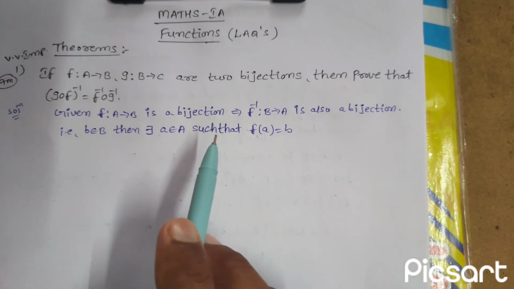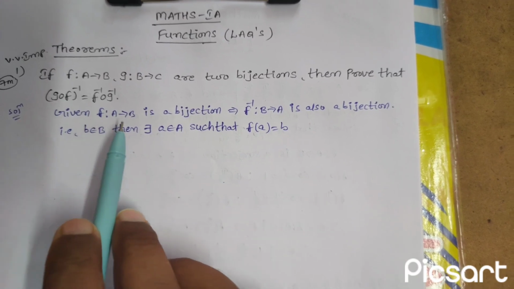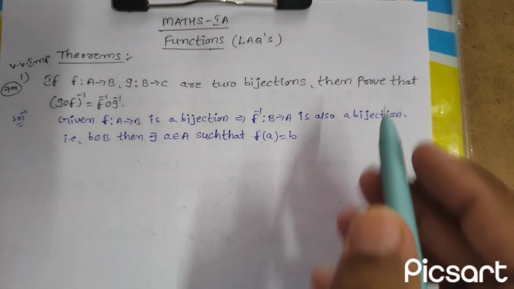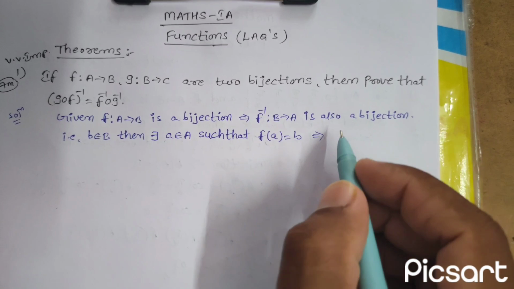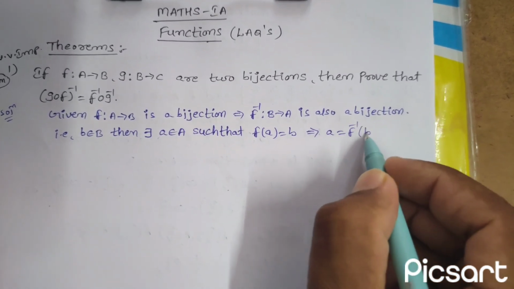This is according to the definition of onto from A to B. So f of a is equal to b. In this condition, a is equal to f inverse of b.